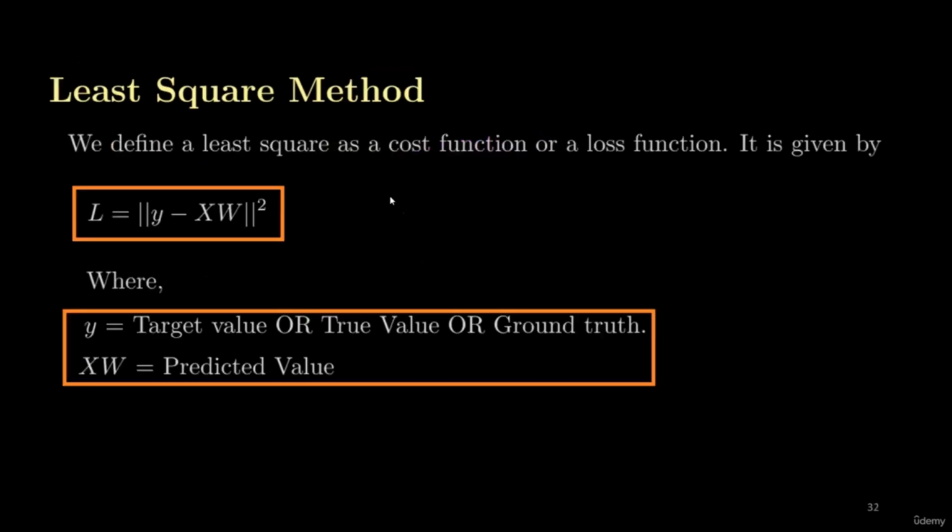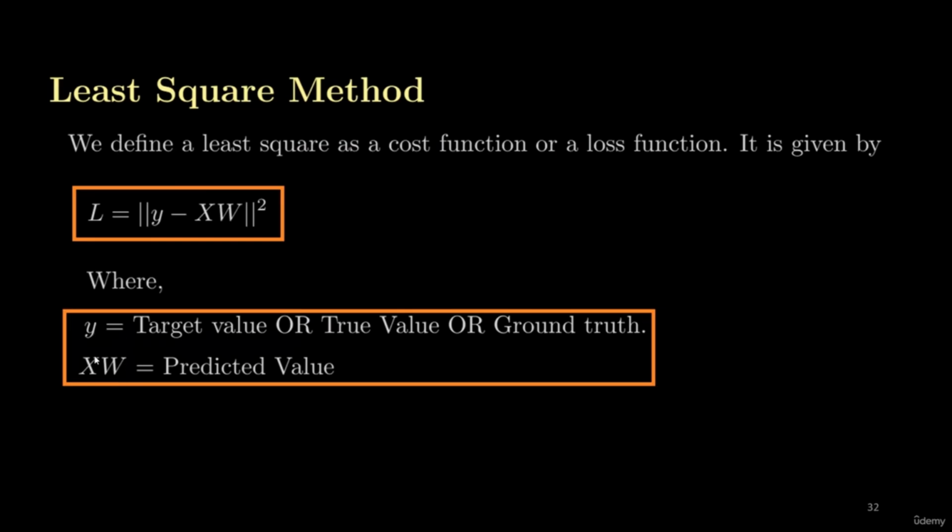So this is the least square method. We define here least square method as a cost function or a loss function, and now we will reduce this loss function. So this is the step of a least square method, where we have set up a least square problem. You can see that it is a difference of y minus xw. Here y, x and w are all matrices. So this least square method is set up in the form of matrices. Y is the matrix of target values, X is the matrix of features, and W is the matrix of weights.